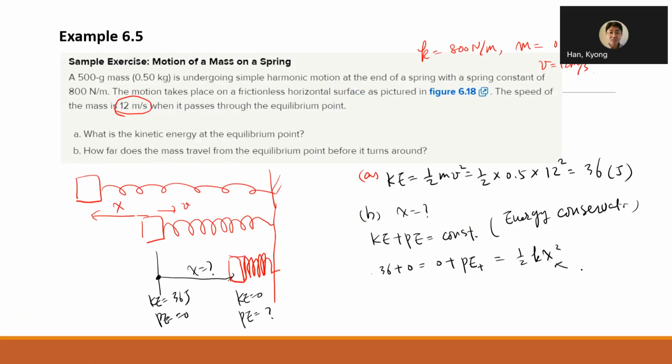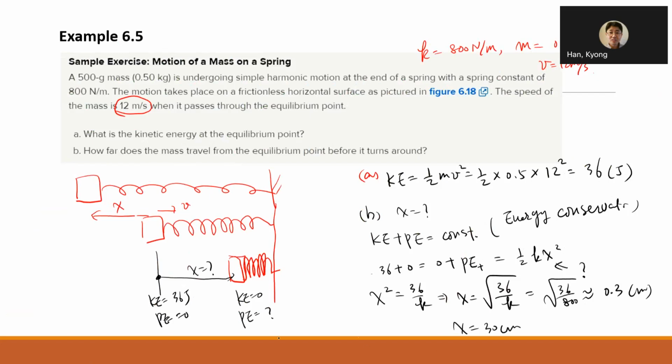We can find x: x squared equals 36 divided by k, so x is the square root of 36 over k. K is 800 newtons per meter, so 36 divided by 800 gives x equal to 0.3 meter, which is 30 centimeters.